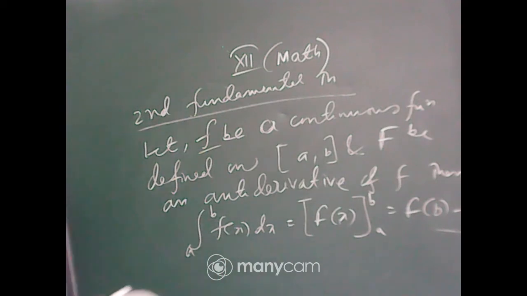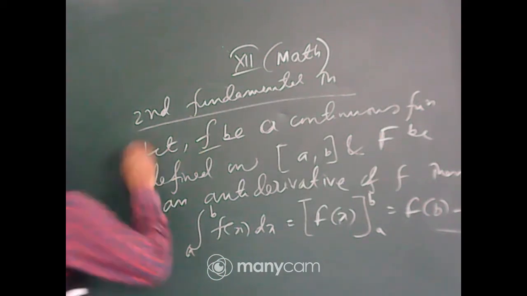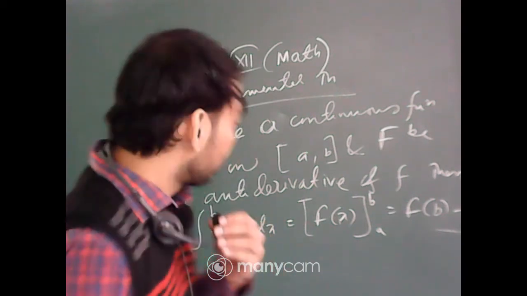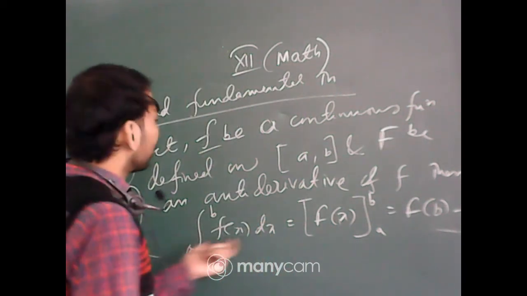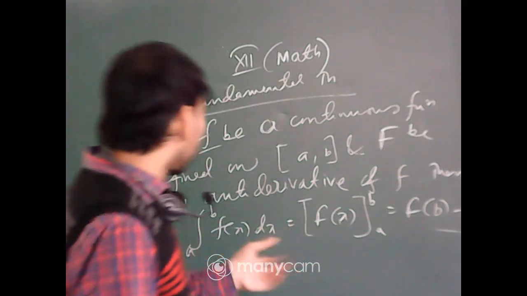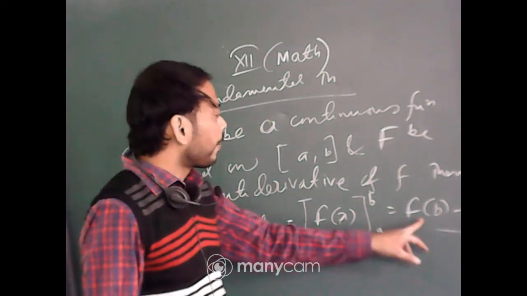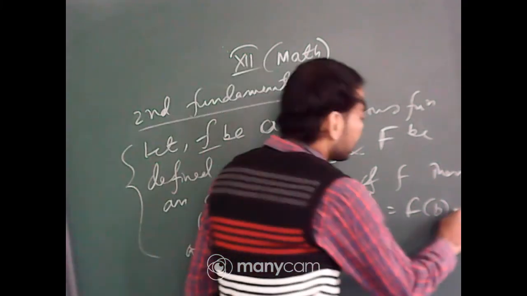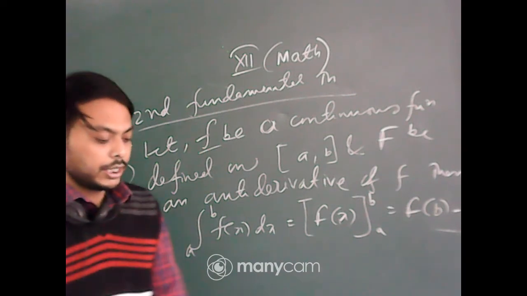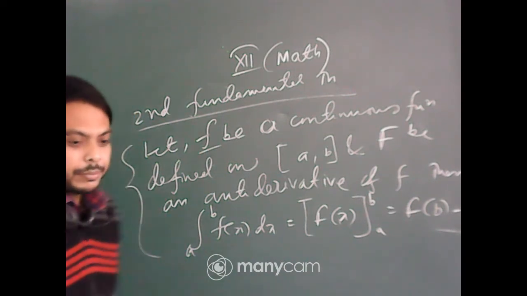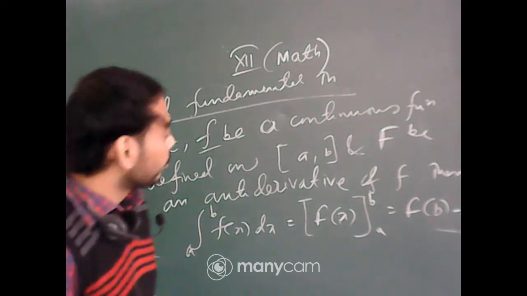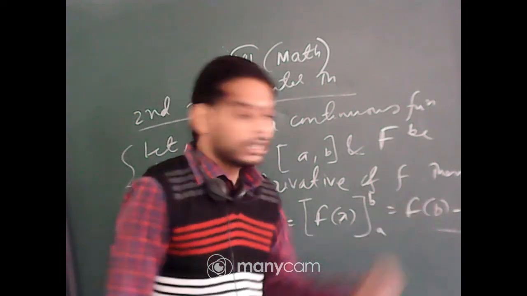This is the second fundamental theorem we will use for solving the problems, okay. That means you have to first do the integration, that means the indefinite integral, then you have to put the limits, first the upper limit, and then give a minus, and then put the lower limit. Do the integration first, then put the upper limit first minus the lower limit.